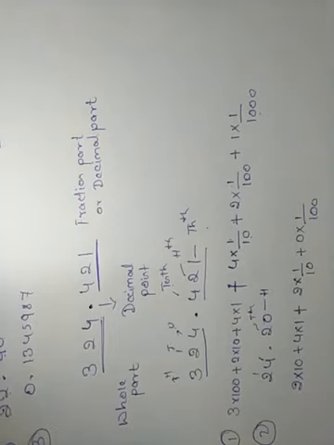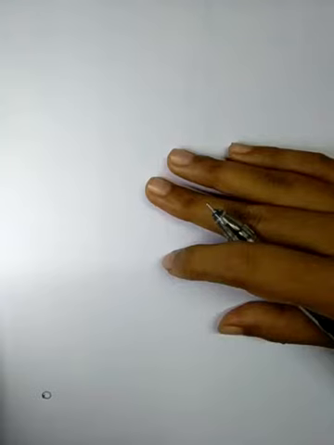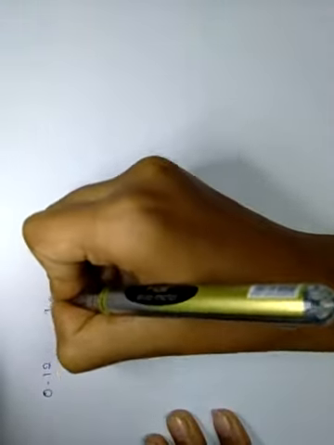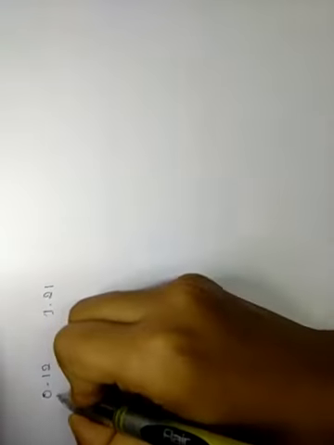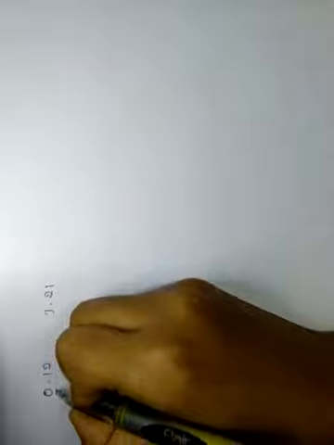Next we'll learn how to find the greatest decimal number out of given decimal numbers. Here I will take 0.12 and 1.21. How to find? First we have to compare digits.